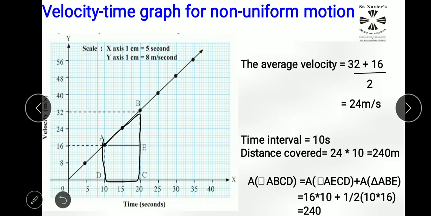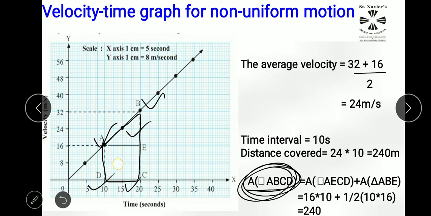In the same way, here also we can calculate the distance traveled by calculating the area. Here we have quadrilateral A, B, C, D. So we'll find the area of A, B, C, D, students. The area of A, B, C, D consists of two parts.